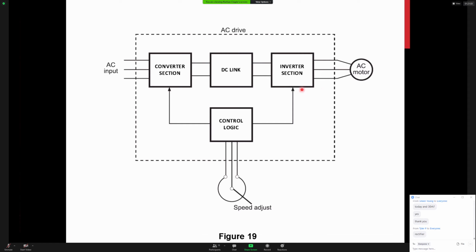Our inverter section is what outputs our variable signal. So we're changing voltage and frequency here to our motor. An inverter, as many of you know, simply takes DC and converts it to AC. And then there are different components that are utilized here.